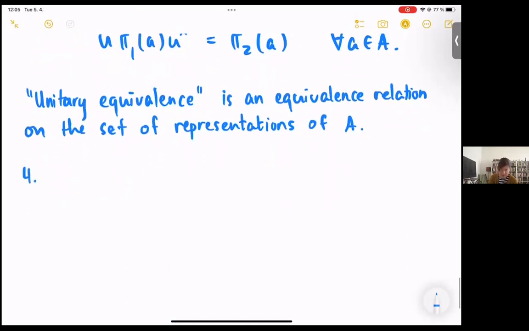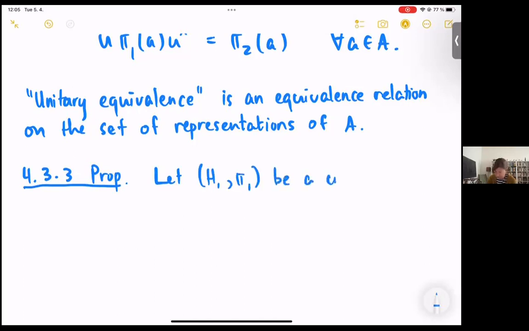Okay, so now let's talk about cyclic representations and unitary equivalence. So this will be a cyclic representation with cyclic vector psi.